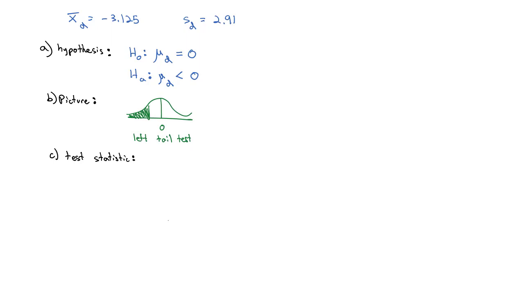For our test statistic, we first need to know the standard error. The standard error is equal to the standard deviation of the difference divided by the square root of the sample size. We found out the standard deviation of the difference was 2.91, and we'll divide by the square root of the sample size. We went all the way to H. H is the 8th letter of our alphabet, so there were 8 participants in this study. And so our standard error is 1.03.